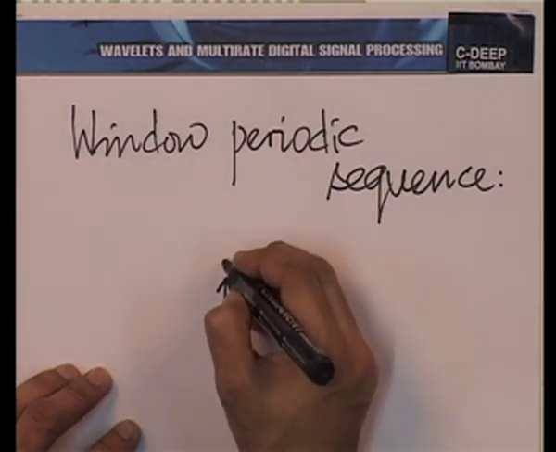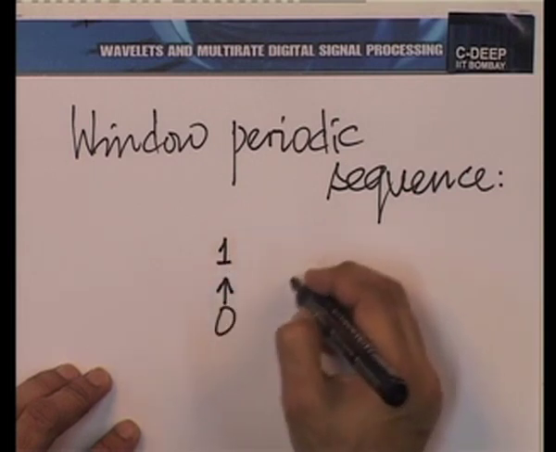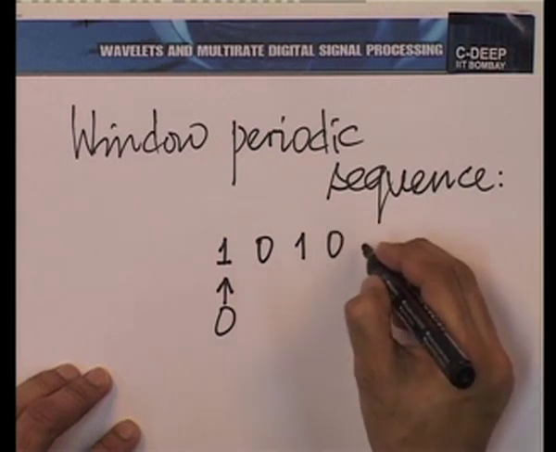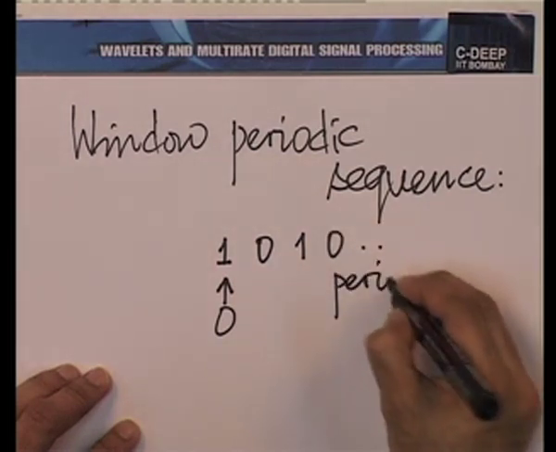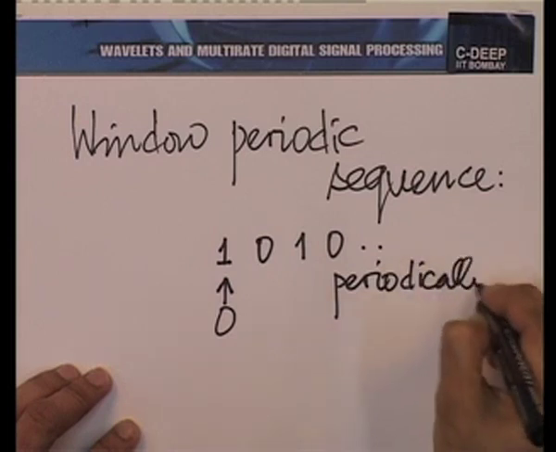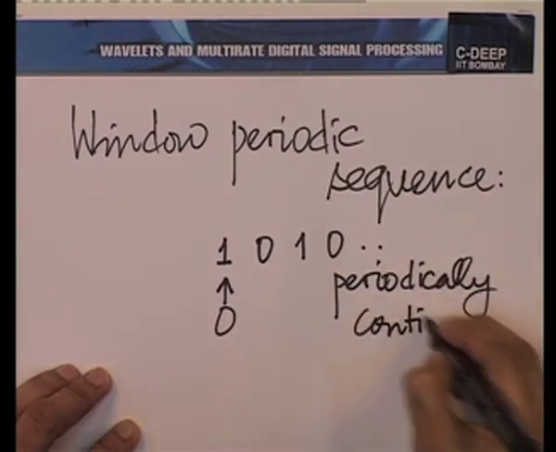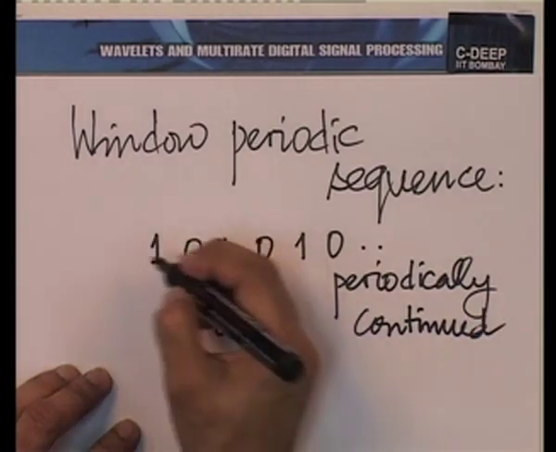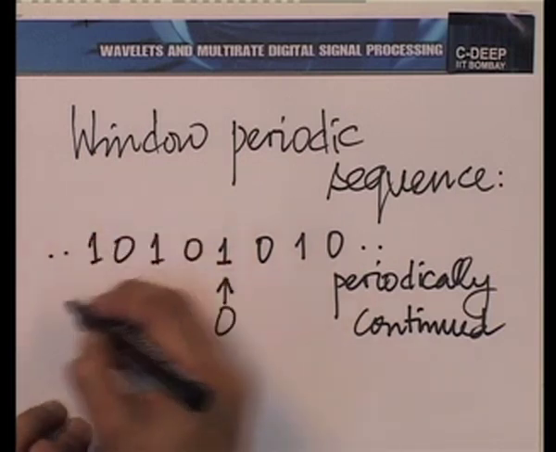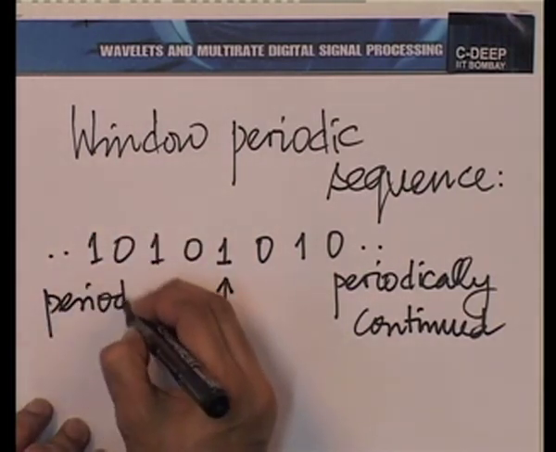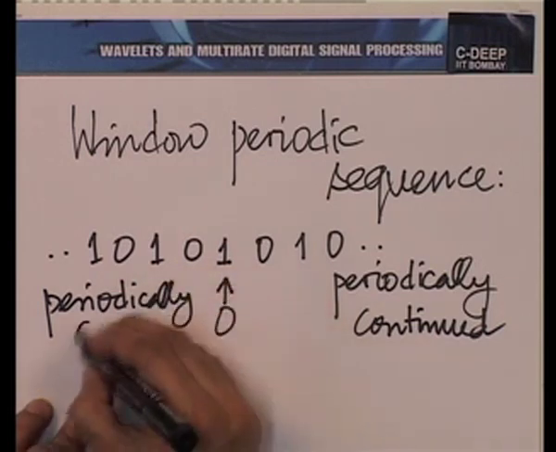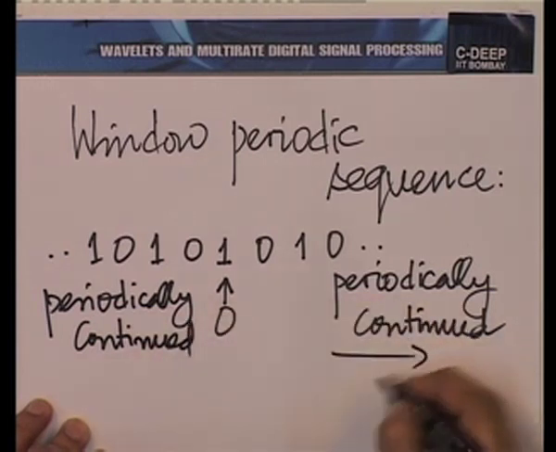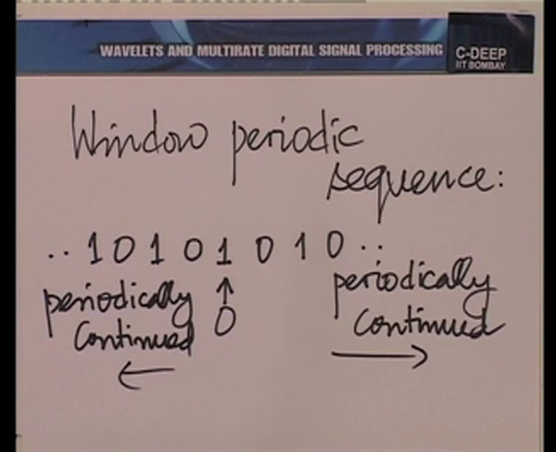And the window periodic sequence has the following pattern. At the point 0, it takes the value 1. At the point 1, it has the value 0, and then periodically thus. And the same on the negative side. Periodically continued on both sides.